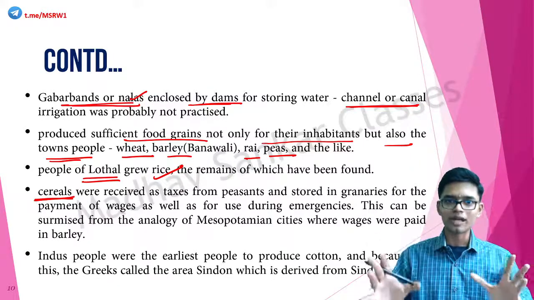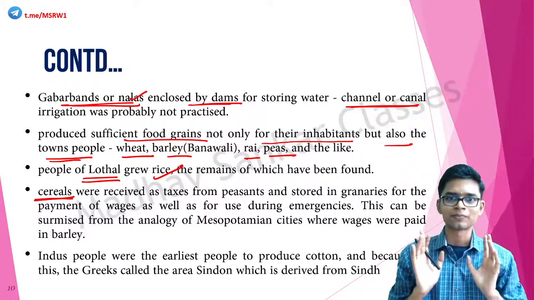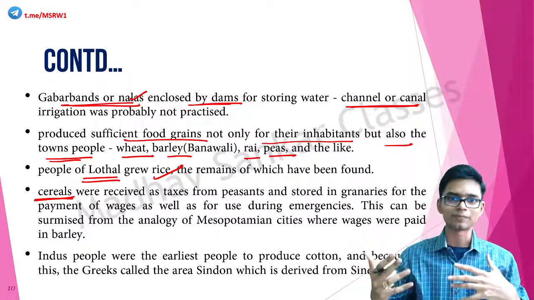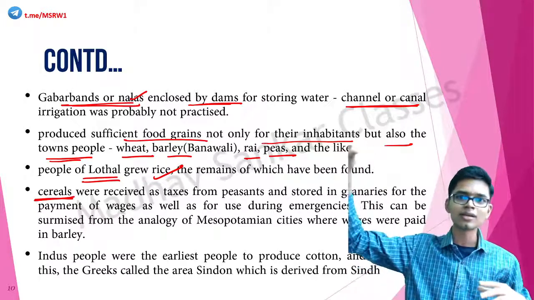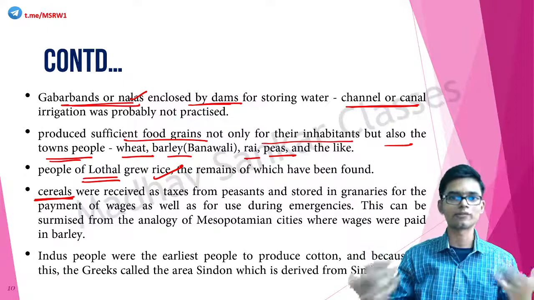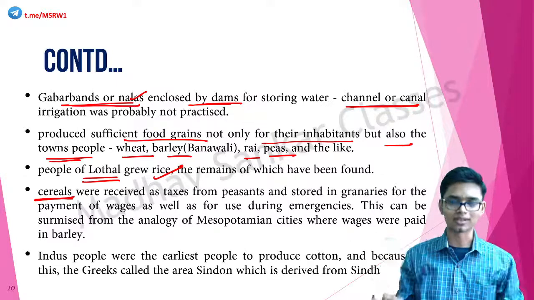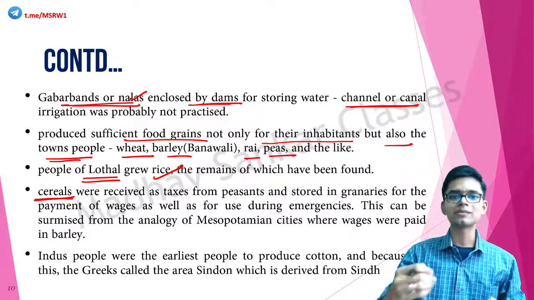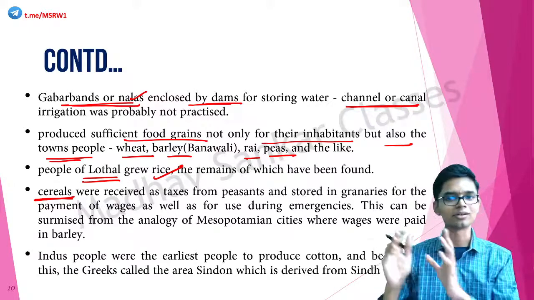So we have already established that there is some kind of administrative structure. It is not like a nomadic society. You have settled agriculture. There is somebody who is ruling, or somebody who has the power in the society, and then there are the common folk. So in order to maintain such a large city very successfully, you have to have some rules and regulations. So the system of taxation was there during those times also.